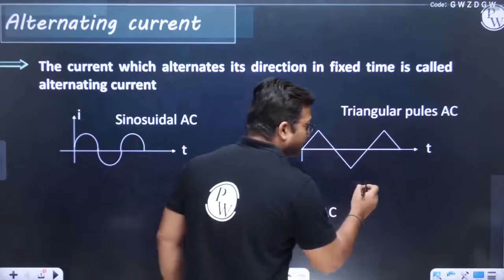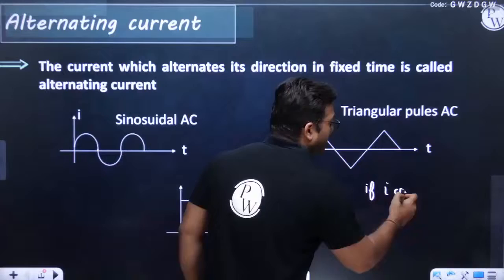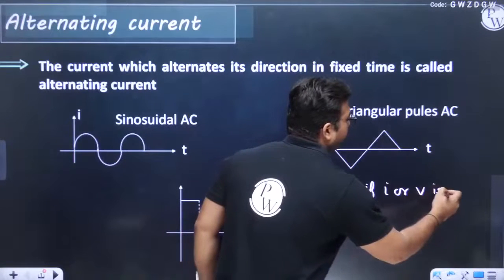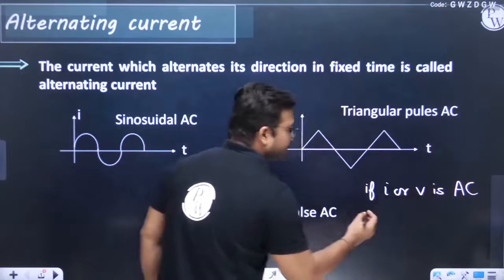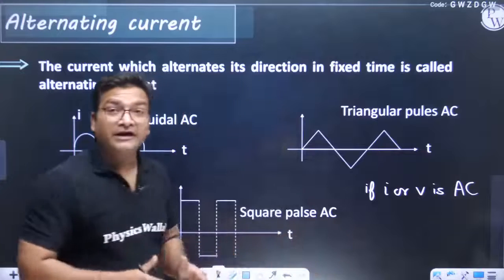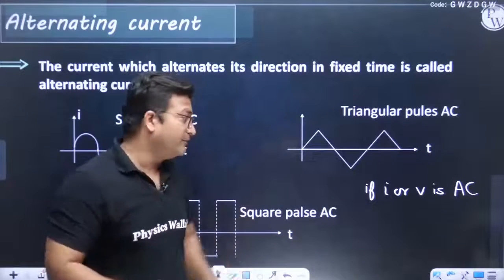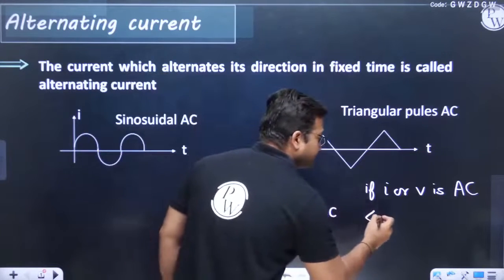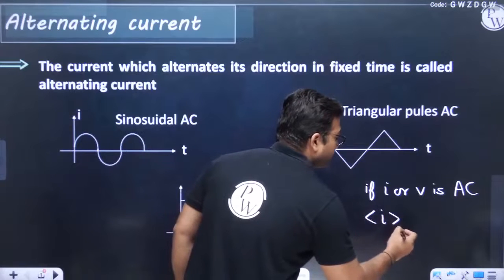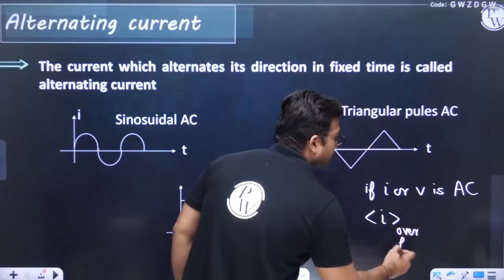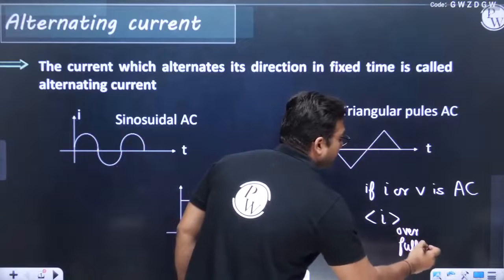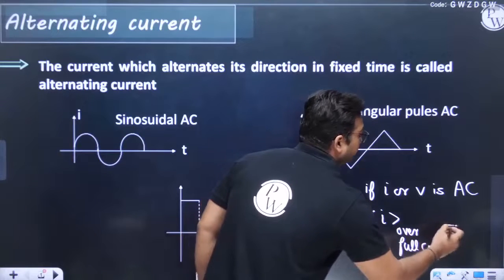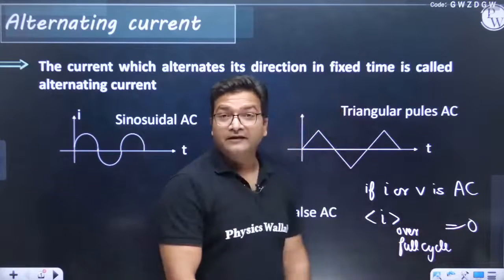So if current or voltage, I or V, is AC, meaning alternating, the average over a full cycle must be 0. What is a cycle?